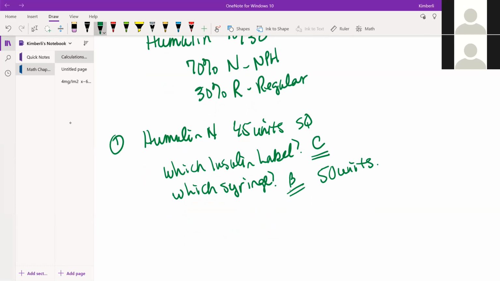Okay, so the rule with syringes is that you want the smallest one that holds the amount that you're going to use.